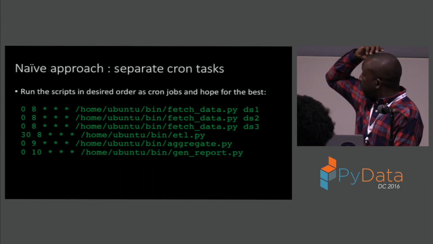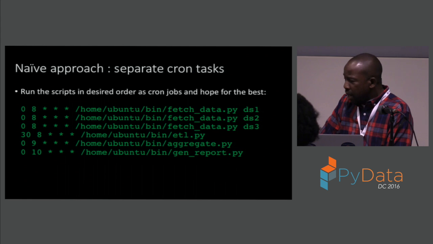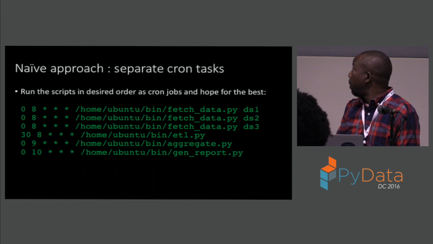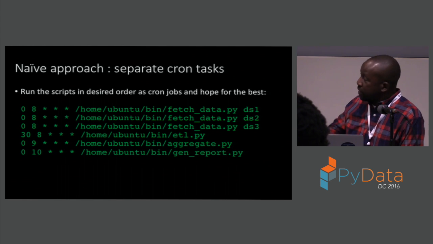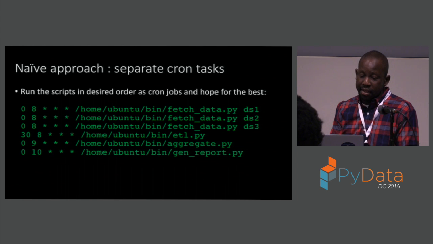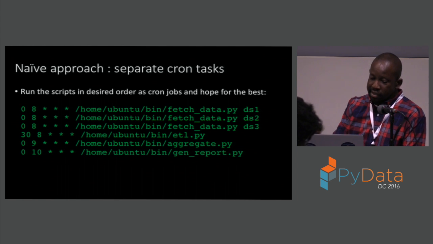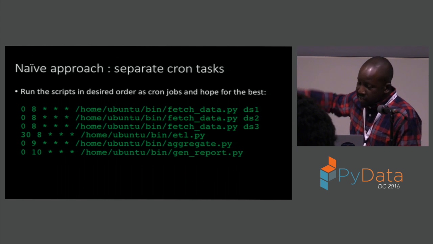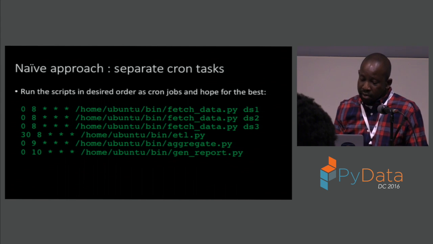We'll have a next step that would read that. And suppose the ETL process took 1 hour. We have the next aggregate.py that would run after that. And finally, the final step, let's say it took one hour.